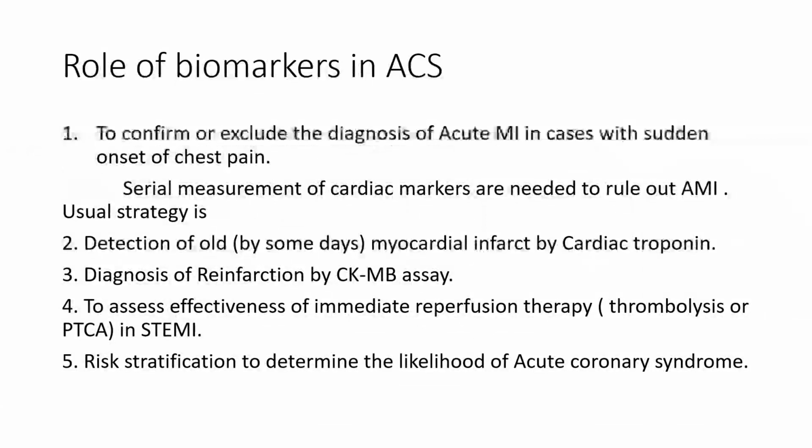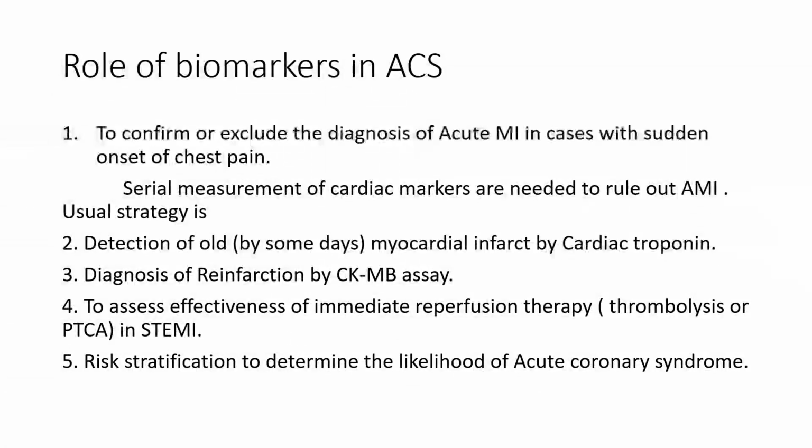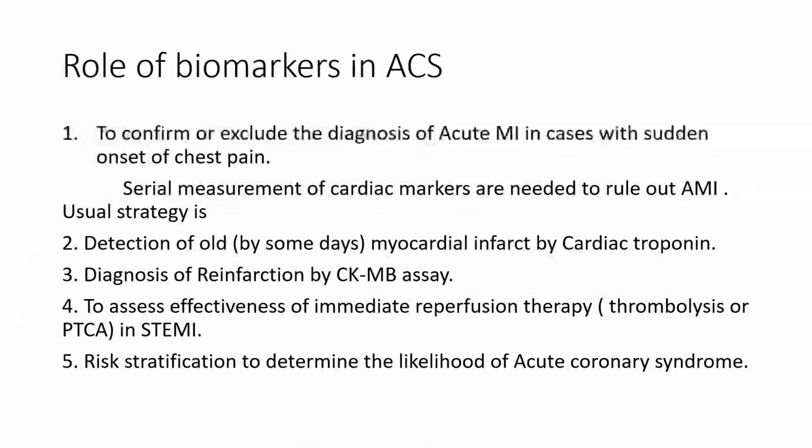So let us summarize the role of biomarkers in MI or acute coronary syndrome. They are helpful to confirm or exclude the diagnosis of acute MI in cases with sudden onset of chest pain. Serial measurement of cardiac markers is needed to rule out acute myocardial infarction. Then detection of old myocardial infarction by cardiac troponin.